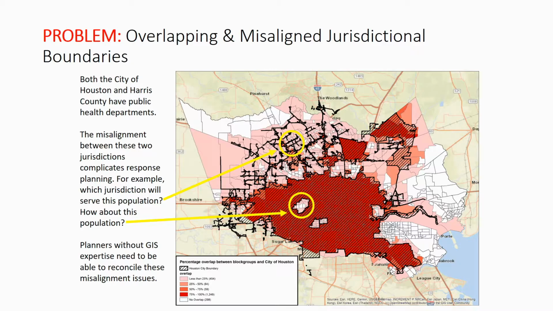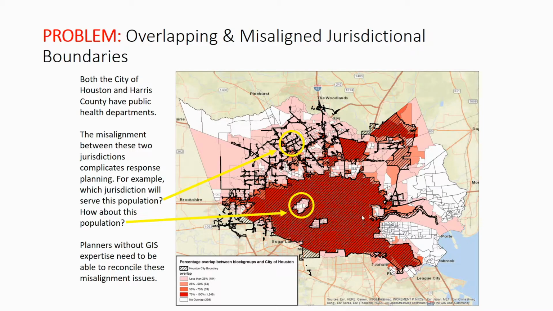These holes and these little fingers that oftentimes are drawn out of municipalities complicate the assignment of populations to pods in a pod-based response plan. Therefore, for the sake of simplicity, it's often required that these types of misalignments be reconciled.